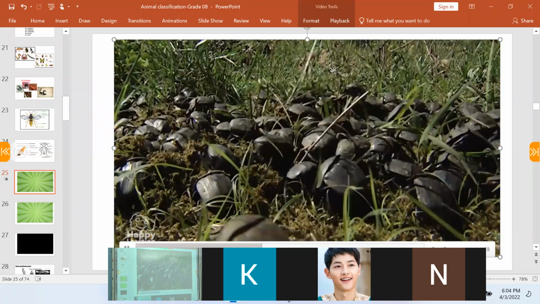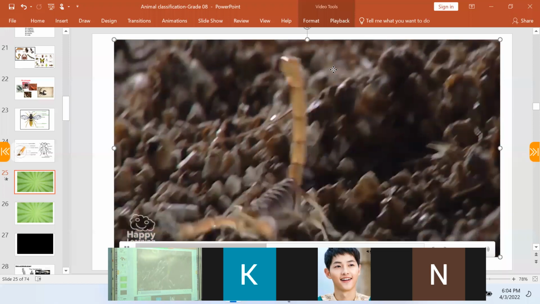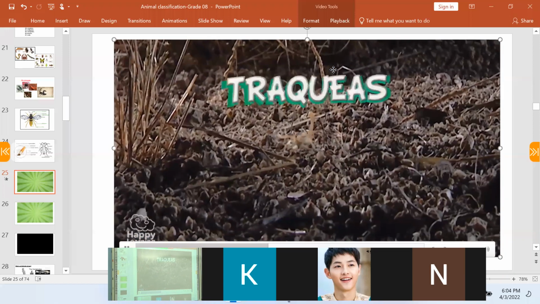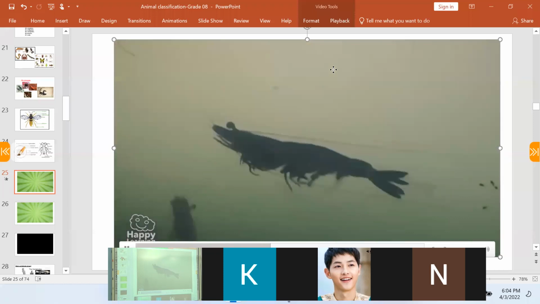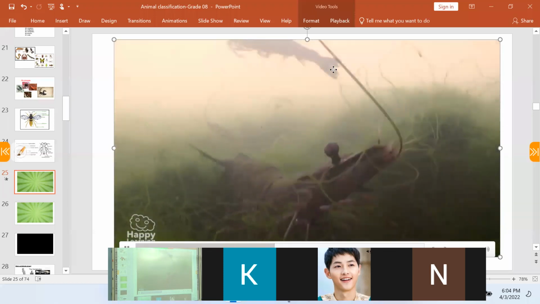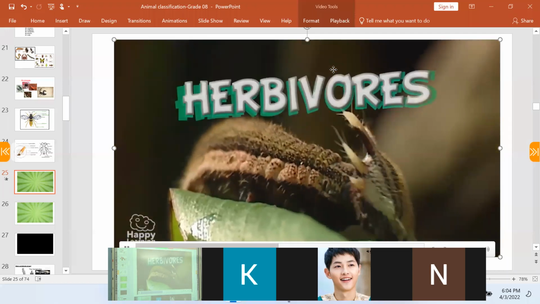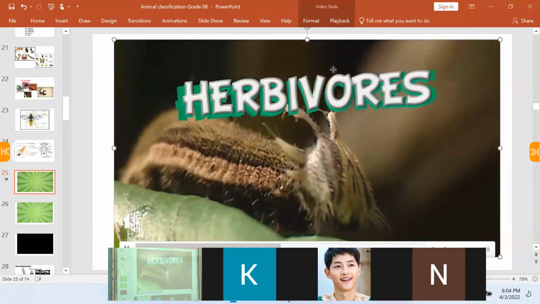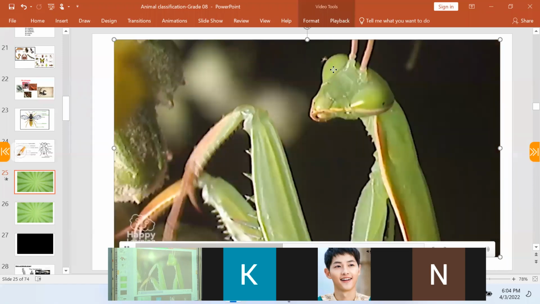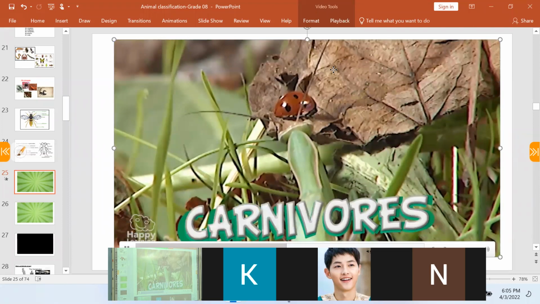Arthropods can be either terrestrial or aquatic. The terrestrials, such as this scorpion, breathe through their trachea, whereas the aquatic arthropods, such as these lobsters, breathe through their gills. Arthropods eat everything. Some are herbivores, such as this little caterpillar. Others carnivores, like this praying mantis.